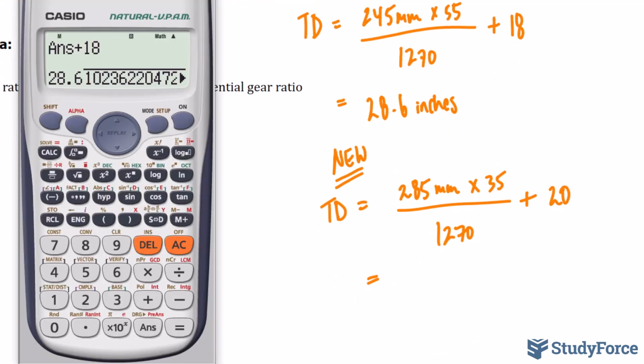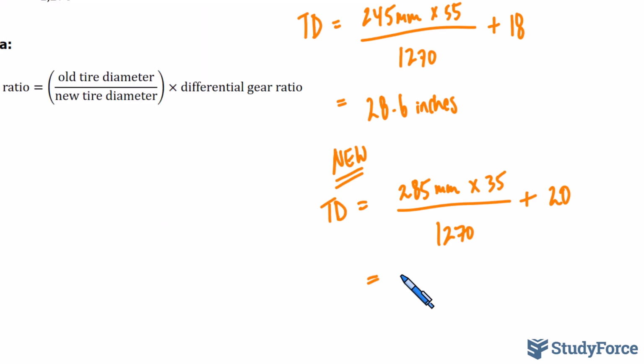Using our calculator, again, 285 times 35 divided by 1,270 plus 20 gives us an output that is roughly 27.9 inches. So by upgrading to these performance tires, we're actually decreasing the tire diameter by a little less than an inch.